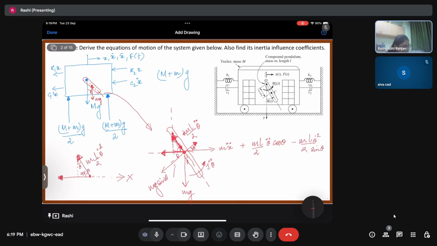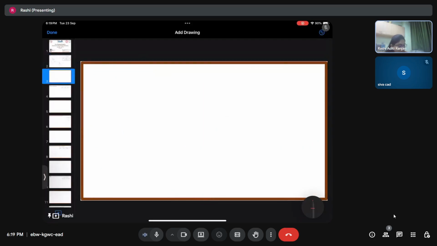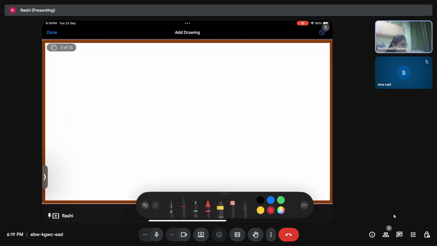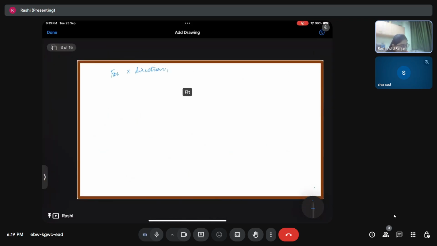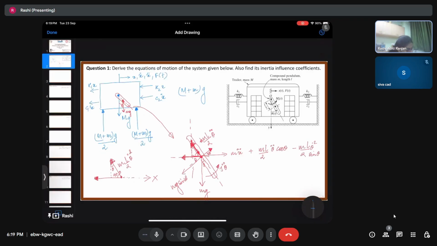Now, if I want to write the equation of motion, firstly for the x direction, what are the things that we have? Firstly, we have capital Mx double dot plus small mx double dot.